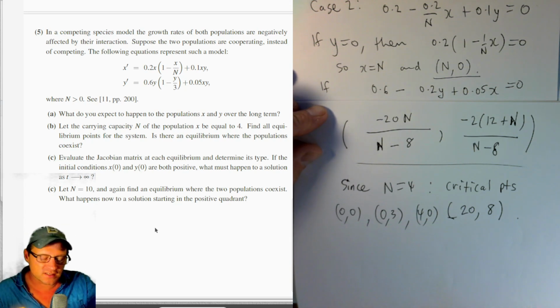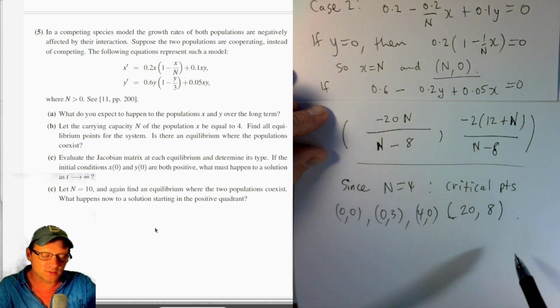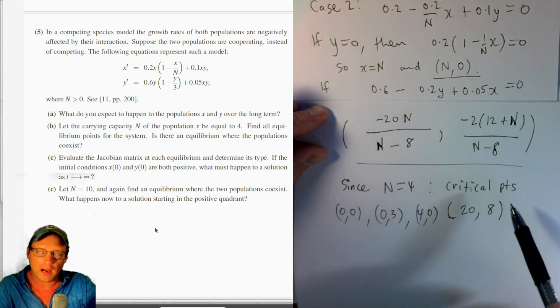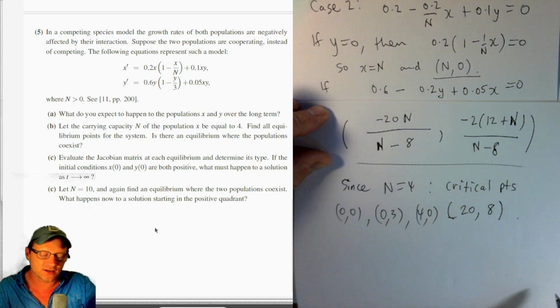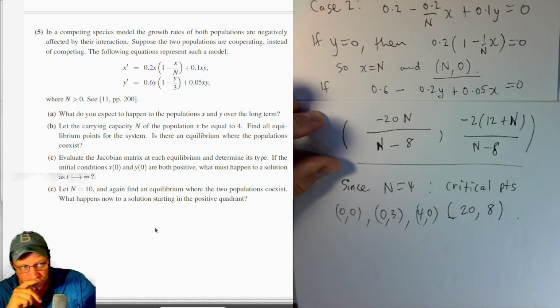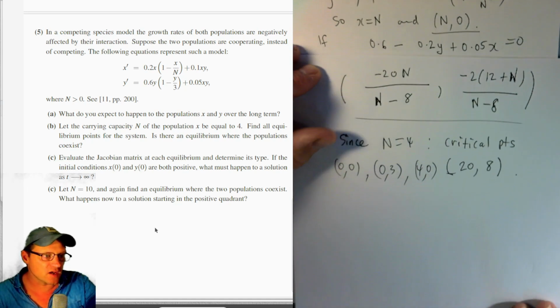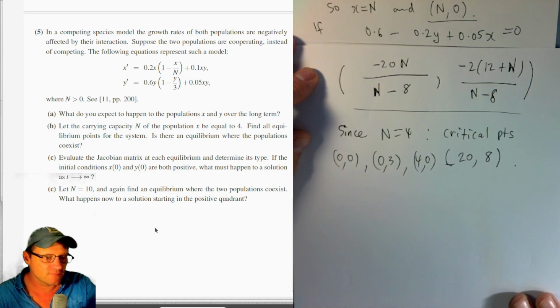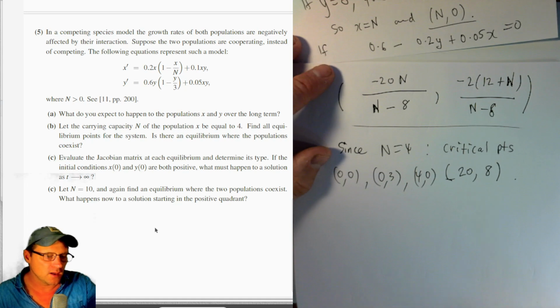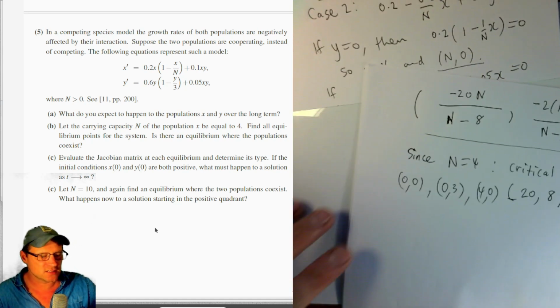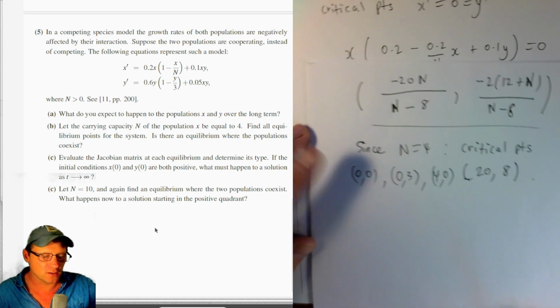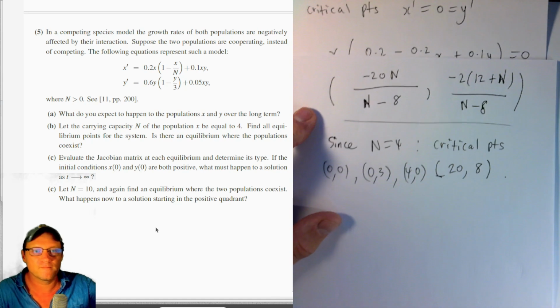Now, if one is a saddle, then there could be trajectories where one of the populations goes to 0 and the other population goes to infinity. Okay, but we're going to need to evaluate the Jacobian matrix for this system. And so I'm going to get some Mathematica help here to do that.